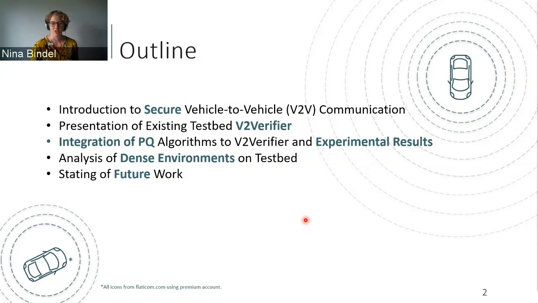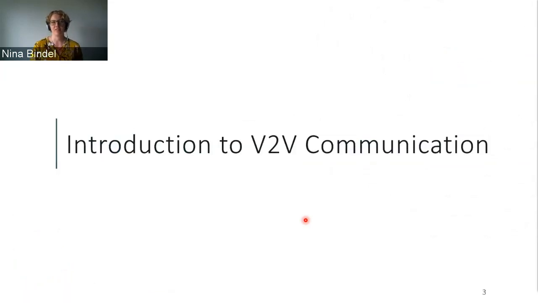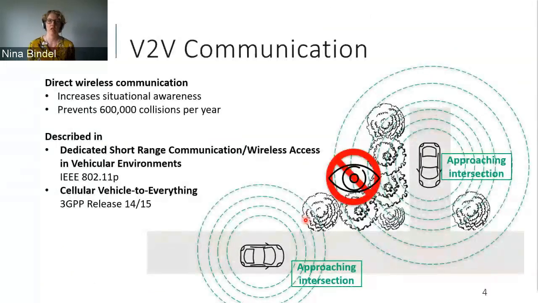All right, so let's dive into V2V communication. Vehicle-to-vehicle communication is a direct wireless communication to increase situational awareness, and it's estimated that it might prevent up to 600,000 collisions per year in the US alone.